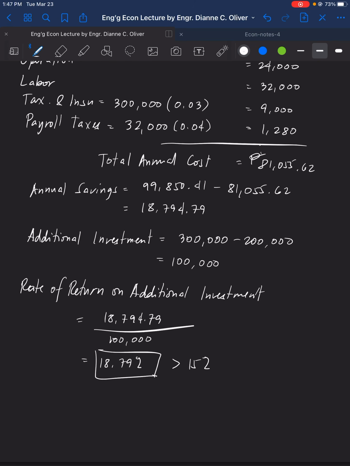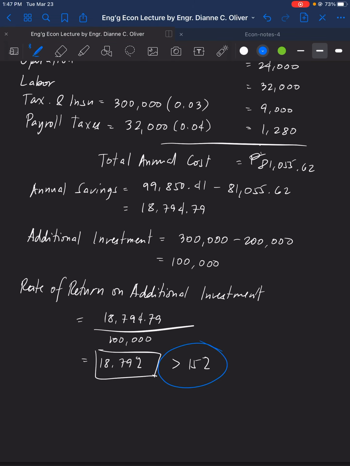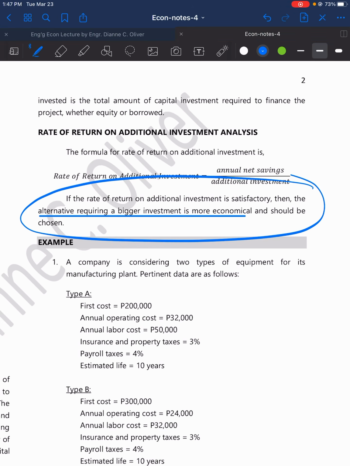But the question here is which of the alternatives, type A or type B, is to be chosen? Now it says here, if the rate of return on additional investment is satisfactory, which we did, then the alternative requiring the bigger investment is more economical and to be chosen.